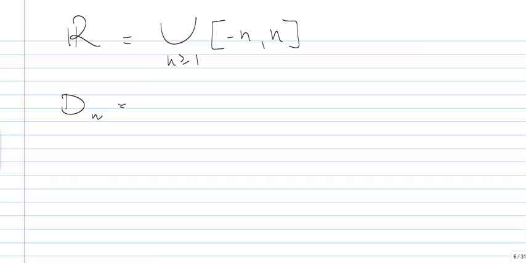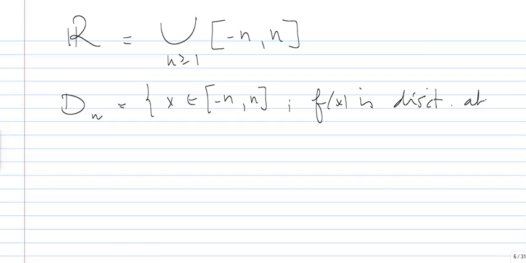So Dn is the set of x in minus n, n such that f is discontinuous at x.